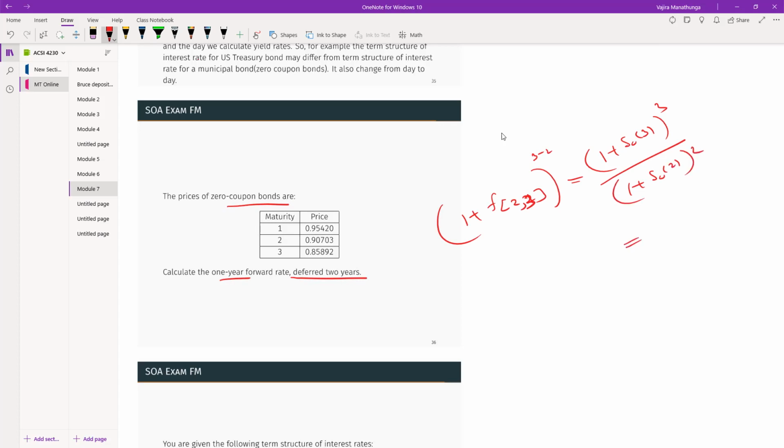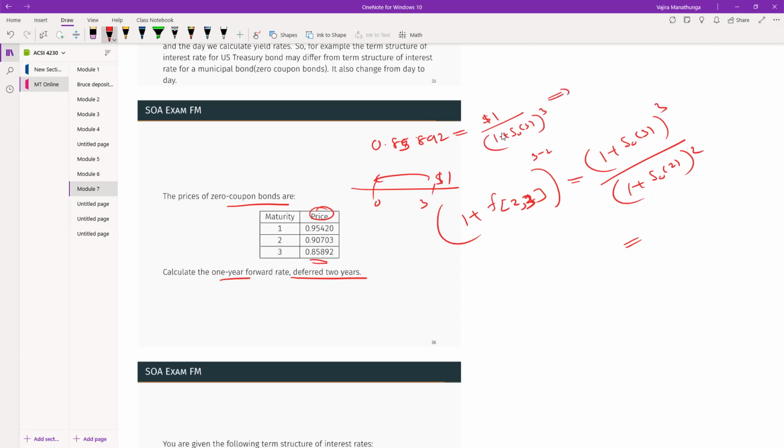So you can see right here we have price, not rate. So how do you get the spot rate from the price of a 3 year zero coupon bond? 0.85892 equals what? You take $1 and you discount it. So $1 divided by 1 plus the 3 year spot rate.